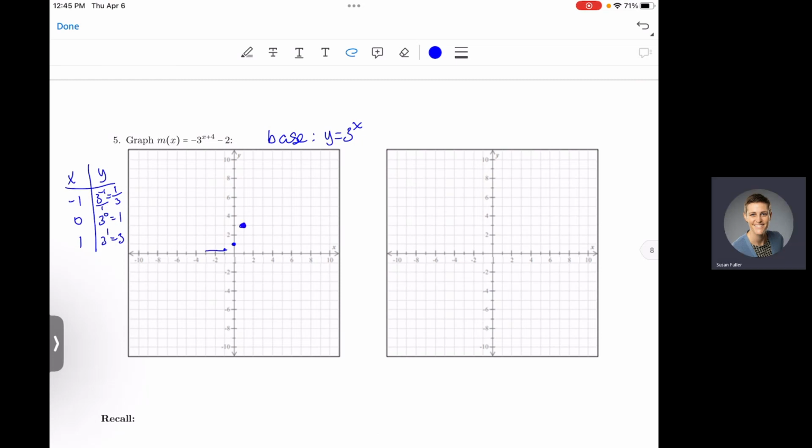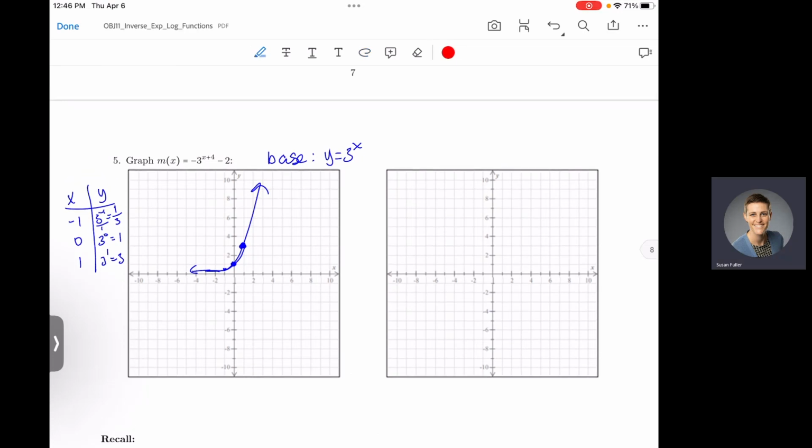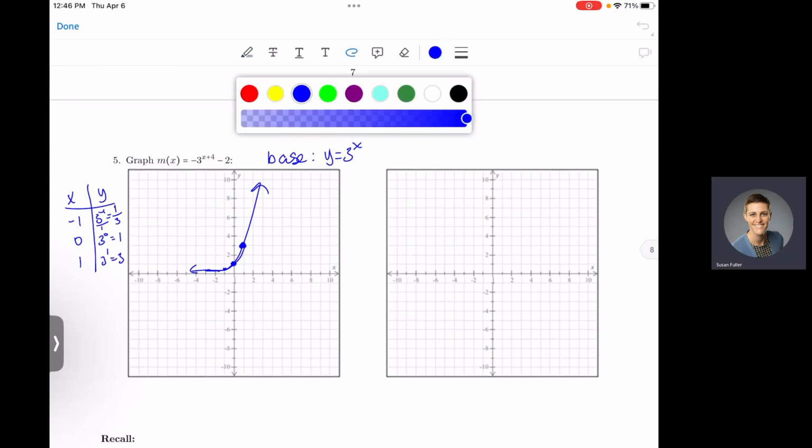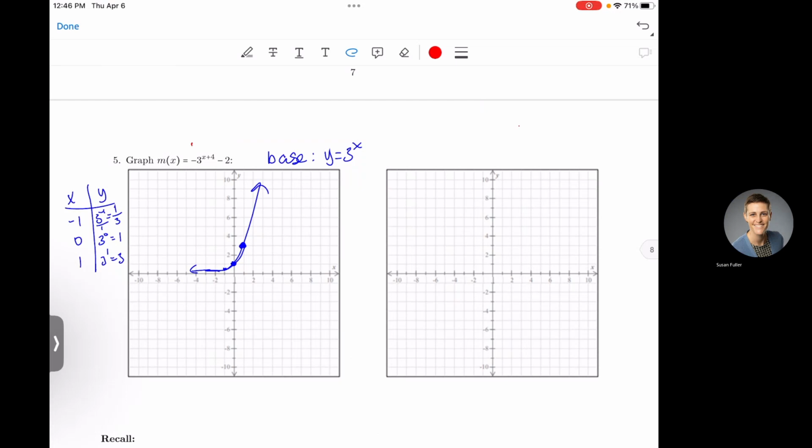Again, I'm just eyeballing this. It doesn't have to be perfect. I'm just going to put those points in to get a shape of this graph and to have a few points to move around. Okay, what transformations do we need to do here? Well, we are going to have a negative here. We've got this +4 here, and we've got a -2 here.